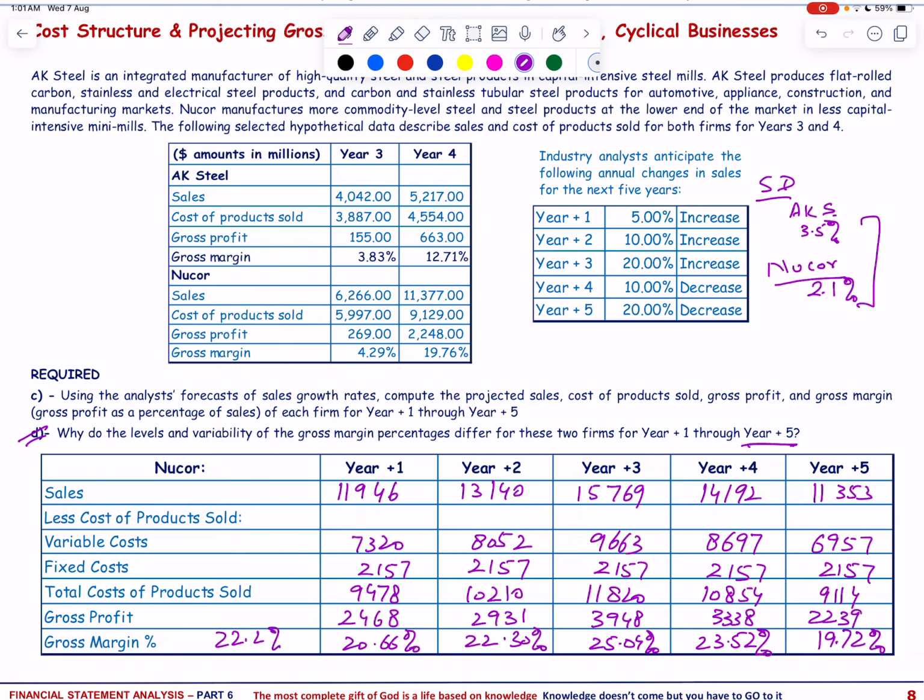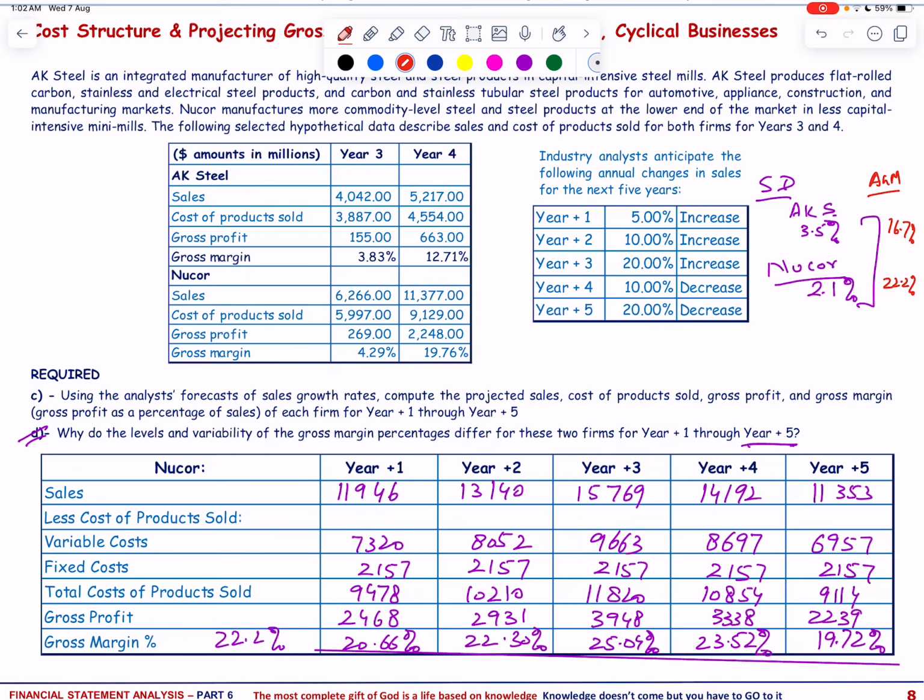That is, simply add up the 5 and divide by 5, because we are taking 5 years. So let me write down the average gross margin: for AK Steel it is 16.7%, and for Nucor it is 22.2%. If you look into these, the gross profit margin and the standard deviation themselves speak a lot about the two companies.